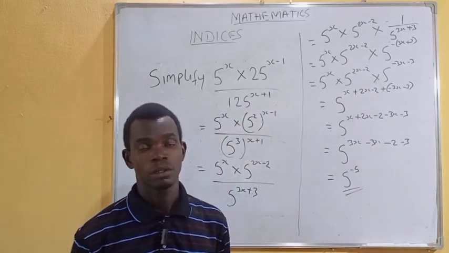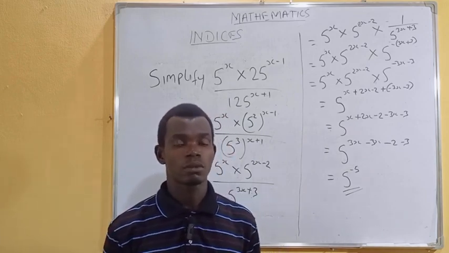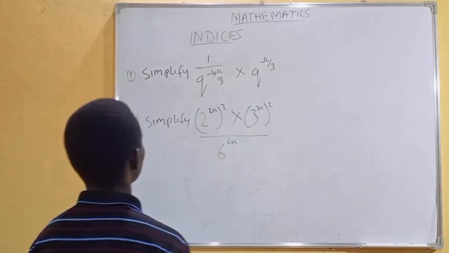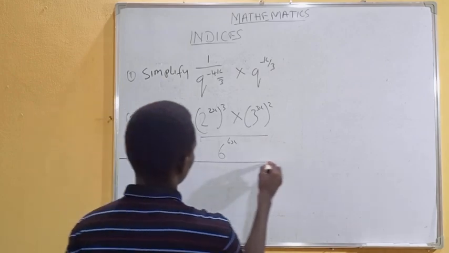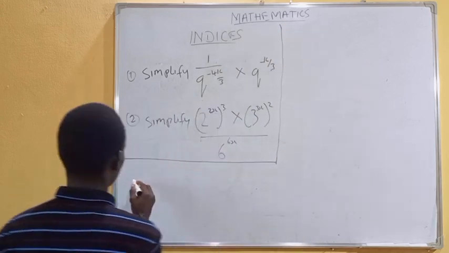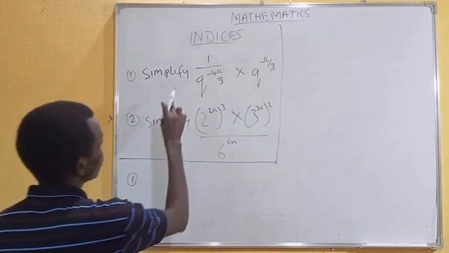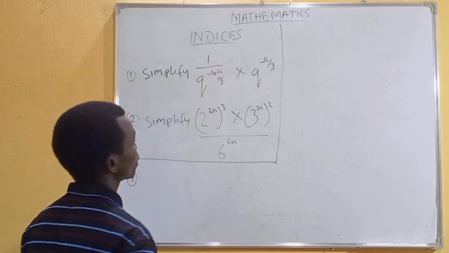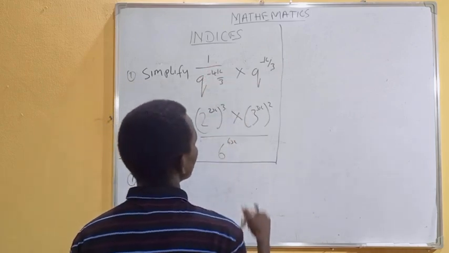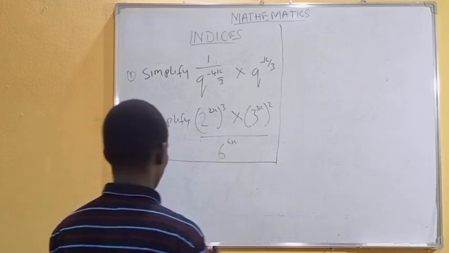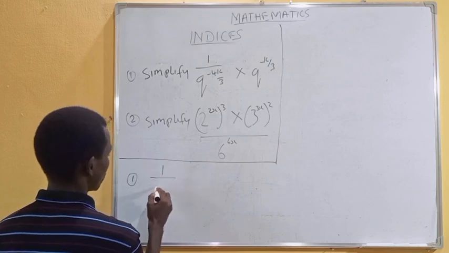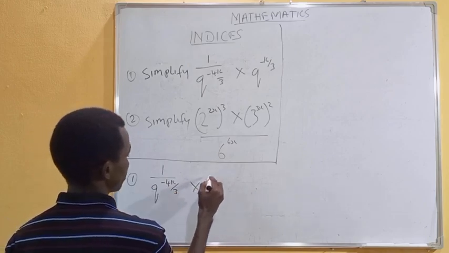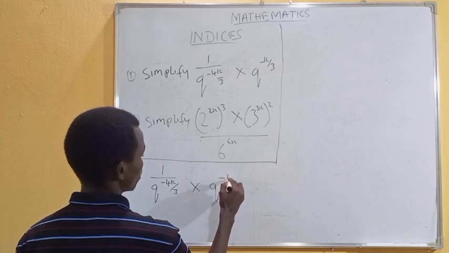for this question. So let's look at other questions. Let's look at these two questions. Question 1 says that we should simplify 1 over q raised to the power minus 4k over 3 times q raised to the power minus k over 3. That is 1 over q raised to the power minus 4k over 3 times q raised to the power minus k over 3.